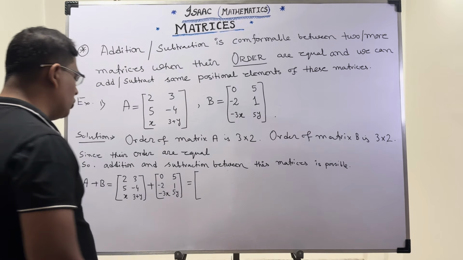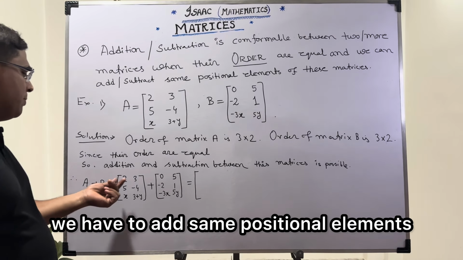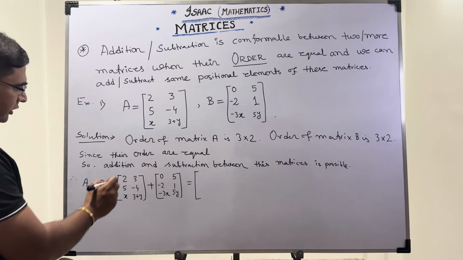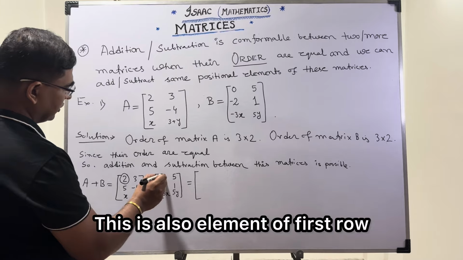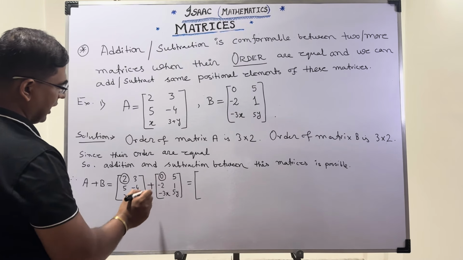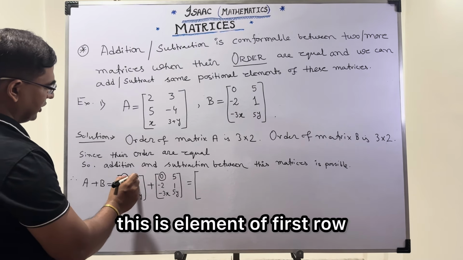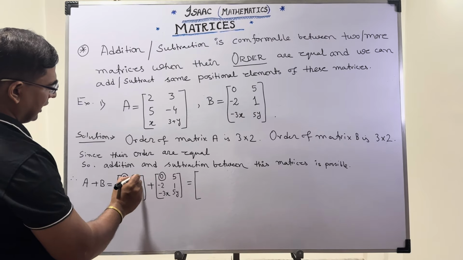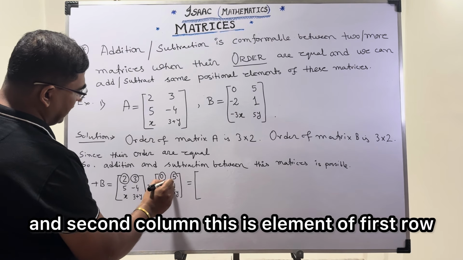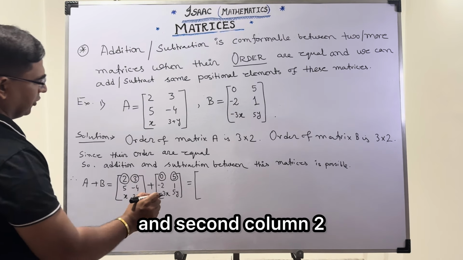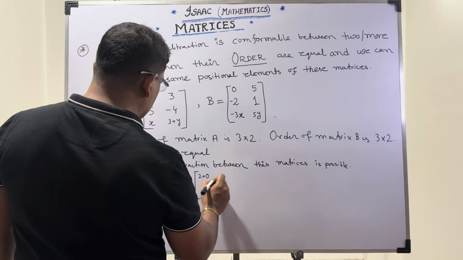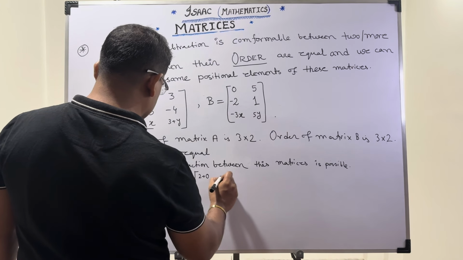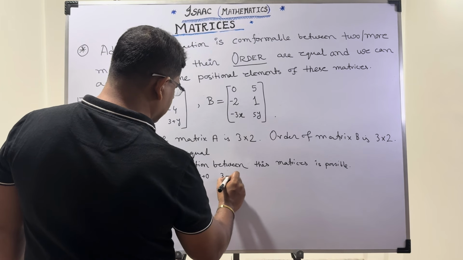Now we have to add same positional elements. This is the element of first row and first column. This is also the element of first row and first column. This is the element of first row and second column. This is also the element of first row and second column. 2 plus 0, 3 plus 5.